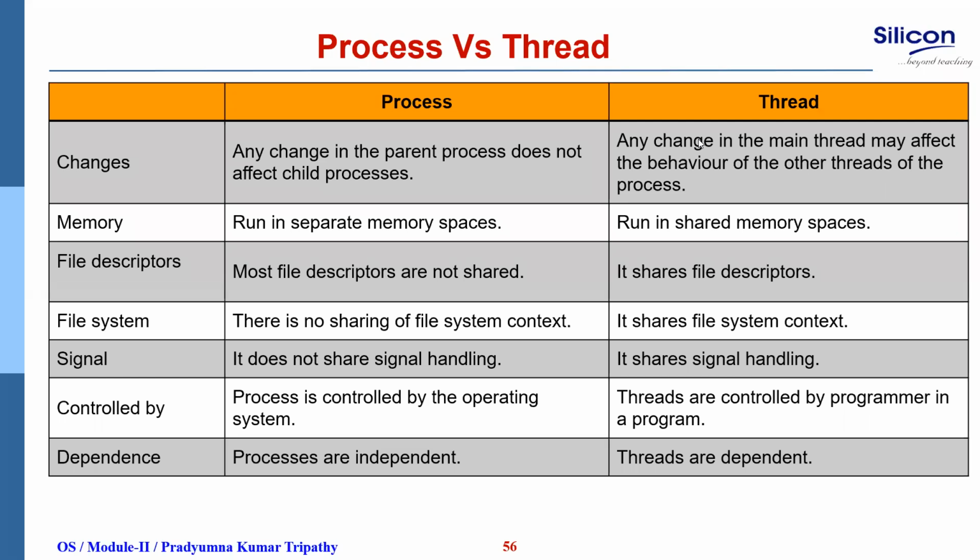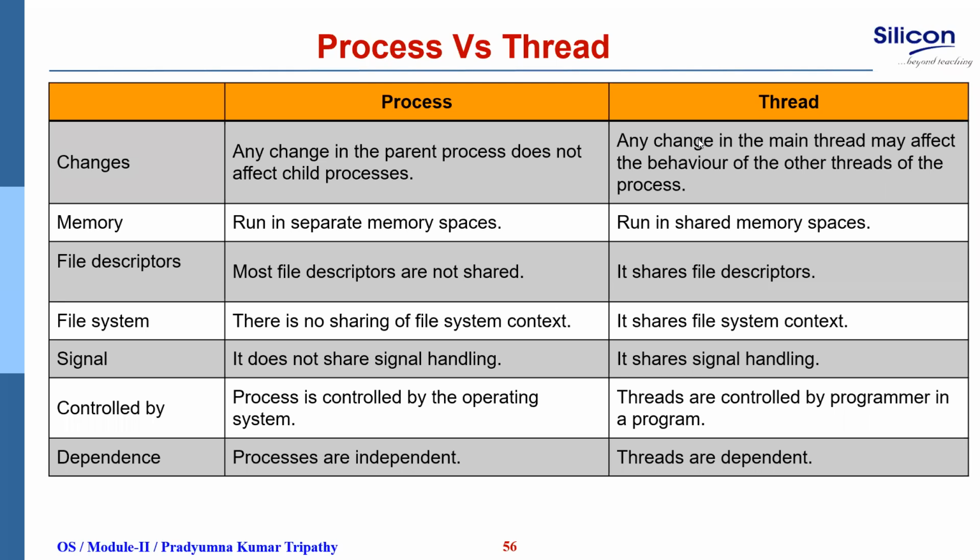But if you go for threads, a process may have multiple threads that will share the code, data, and files. So the same memory is shared by all the threads. Threads are dependent on each other, processes are independent. Threads are, as we said, lightweight processes because they do not have a copy of the process.